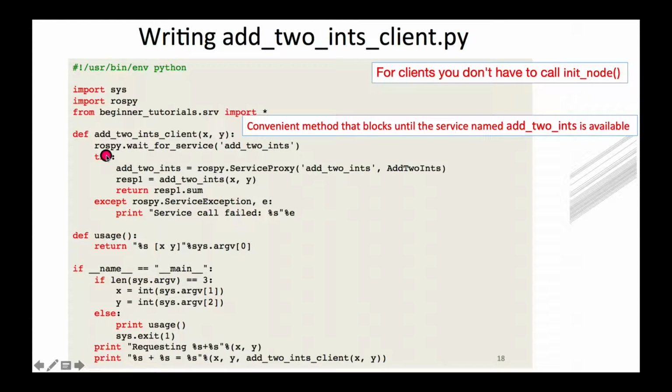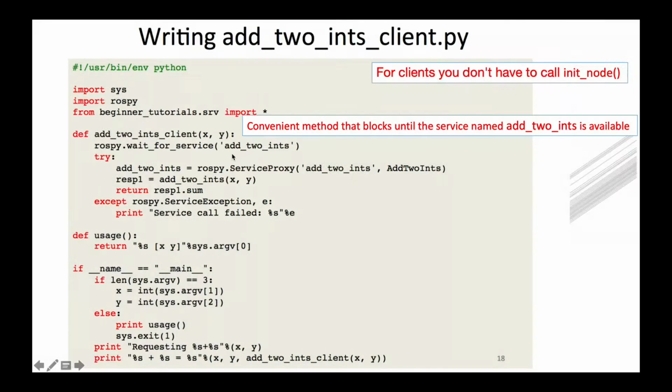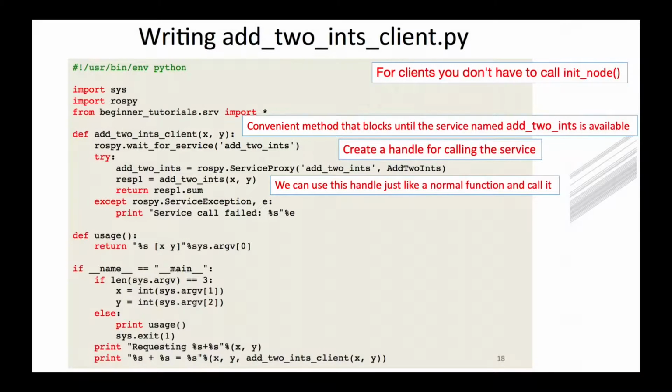So like I said, the client has to first wait for the service. We are saying wait for the service add to integers, which is essentially checking whether this actually is available at any time. And then the actual request is made here with ROS-PY service proxy. So right here, we say add to integers. This is the name of the service that we want the request to be made to. This is the class of the service.